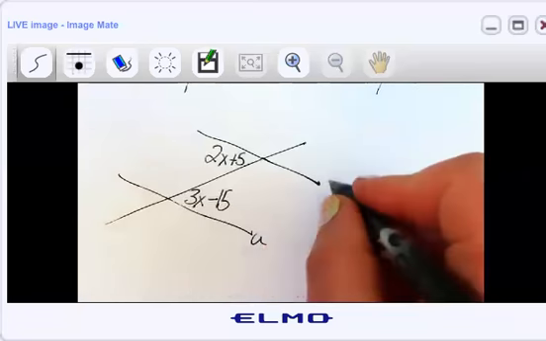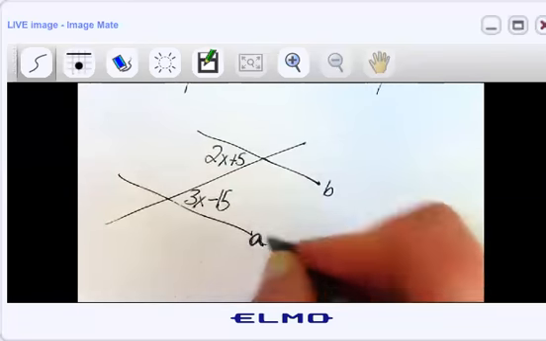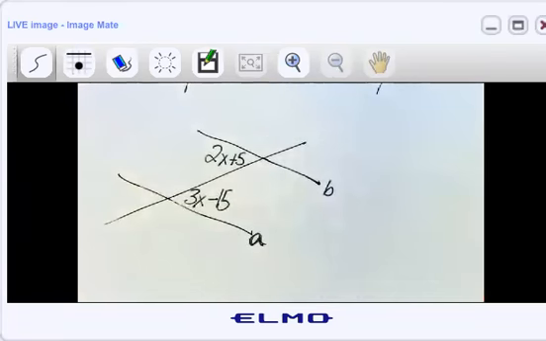I'm trying to get lines A and B to be parallel. Just like yesterday, I'm going to have to decide what equation I use. Should these two things be equal or should they be supplementary? Can someone tell me that? Just tell me that part. Equal or supplementary?